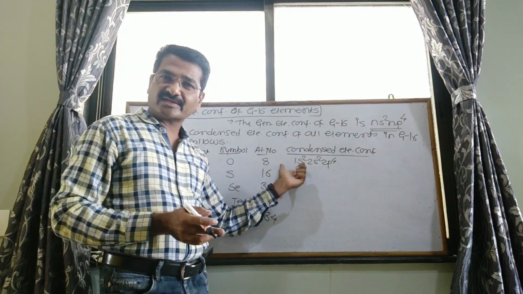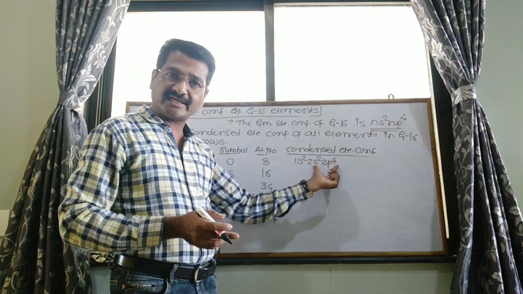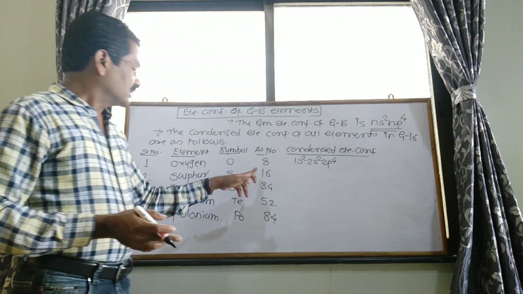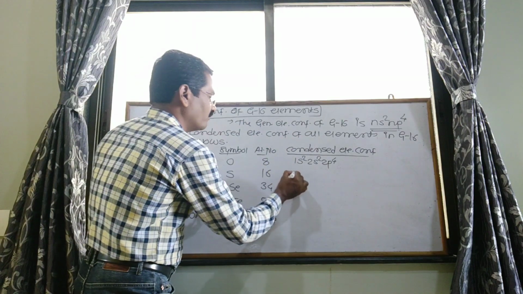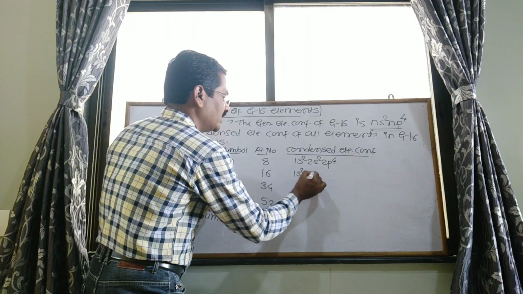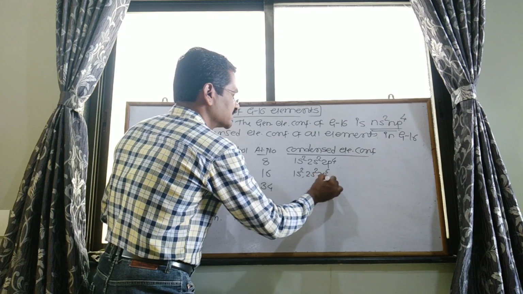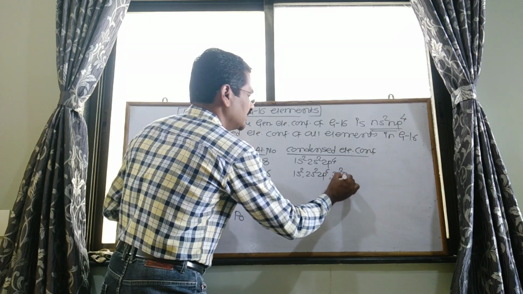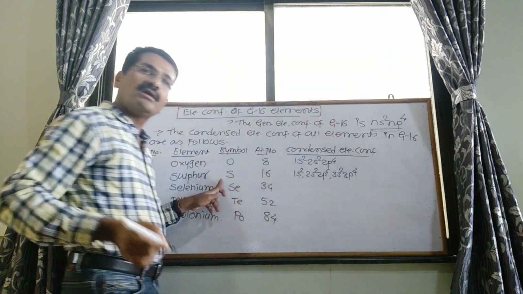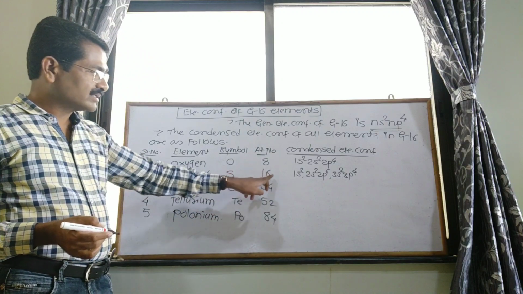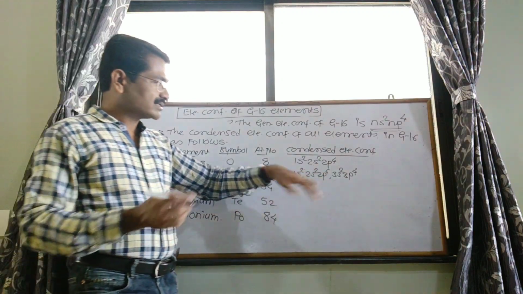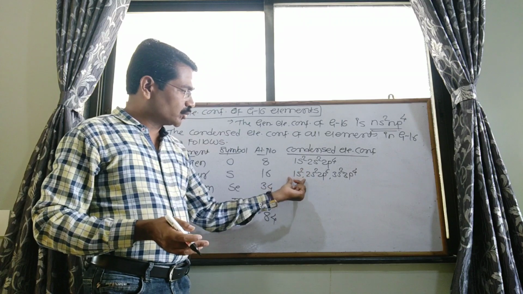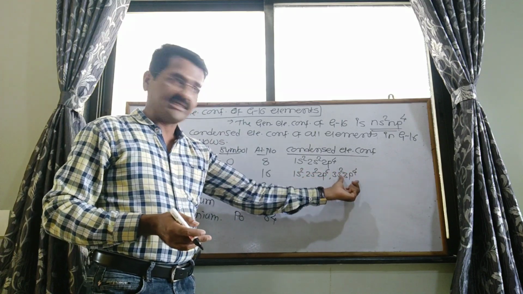The first shell contains 2 electrons and the last shell contains 6 electrons. Then sulfur has 1s2, 2s2, 2p6, 3s2, 3p4. How many electrons are present in sulfur? 16, distributed as 2, 8, and 6.